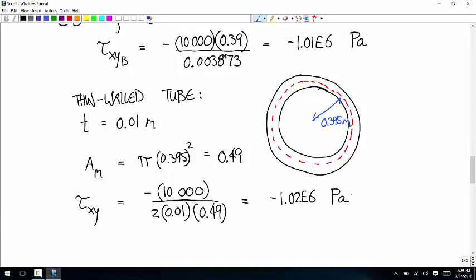Okay, so the thinner the wall of the tube and the bigger the diameter of the tube, basically the bigger the diameter is compared to the wall thickness, the better this approximation is. Any questions about this?